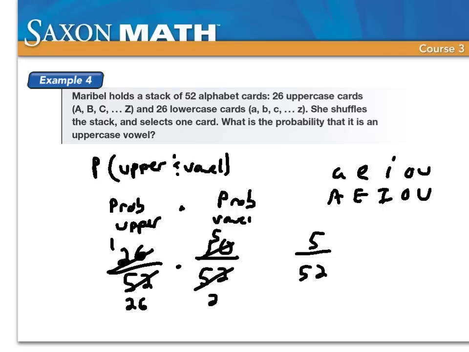And 5 out of 52 will not simplify. So the probability of an uppercase vowel is 5 out of 52. We take the probability of it being uppercase and the probability of it being a vowel and multiply those together because those are two completely separate things. Alright, that's your lesson on independent probability and the multiplication rule. Happy homeworking.